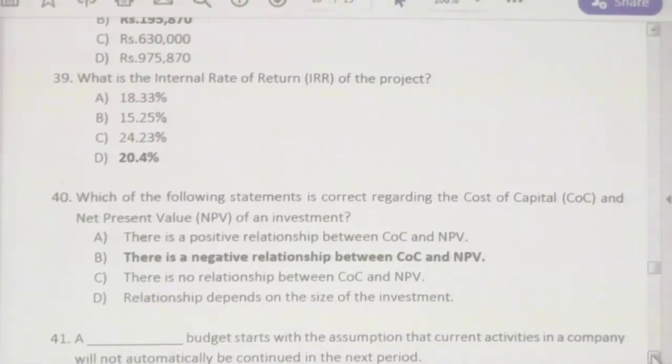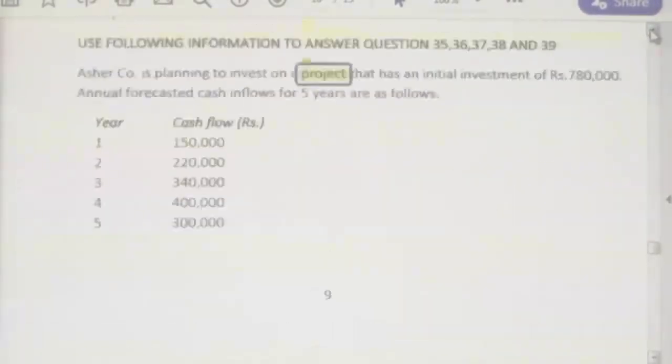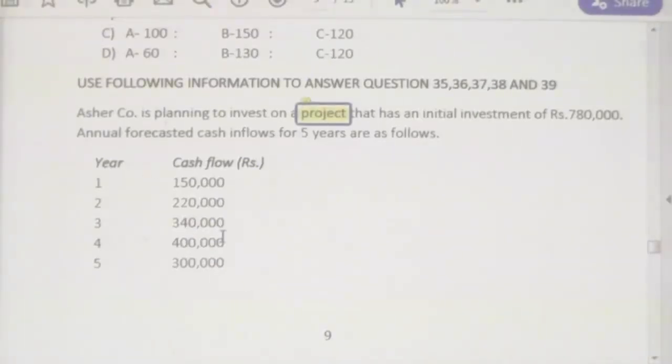Very important to keep in mind: sometimes the examiner will give you net cash flows for all 5 years, like here. Here they have given net cash flows. You can refer to the question again. These are the net cash flows for the 5 years. This does not reflect the accounting profit. To reflect the accounting profit, you need to deduct the depreciation from each year.